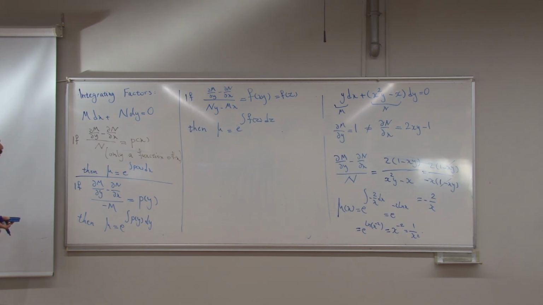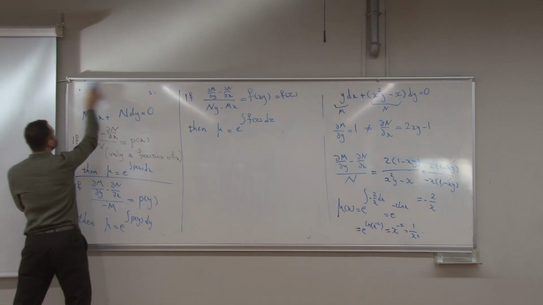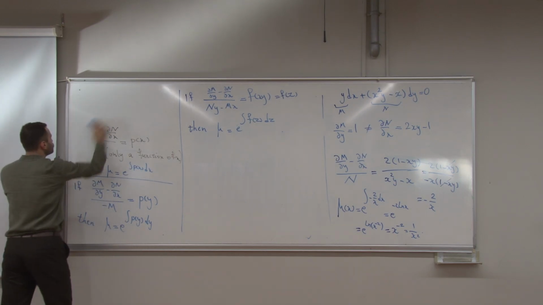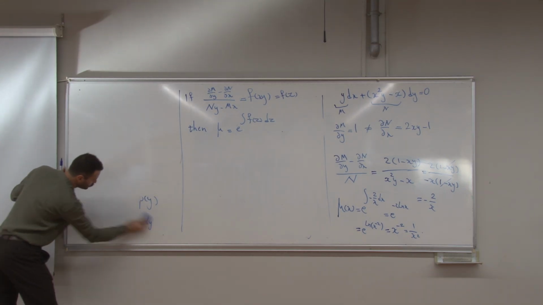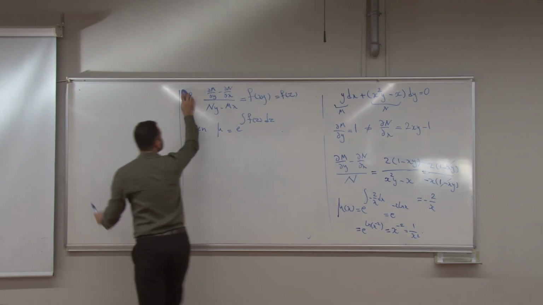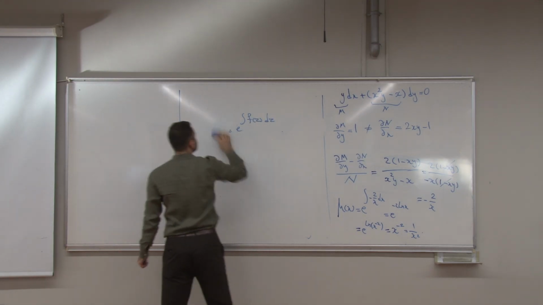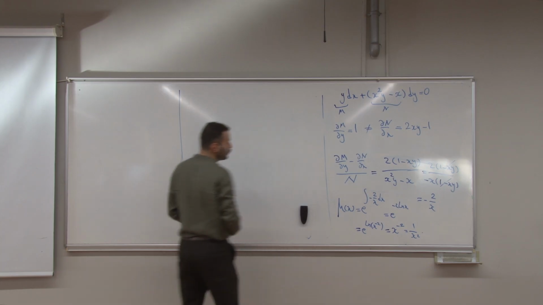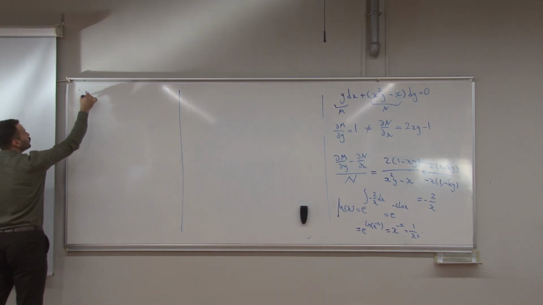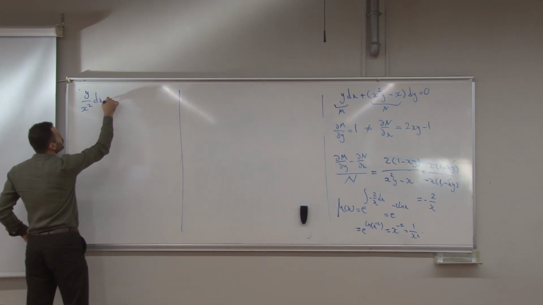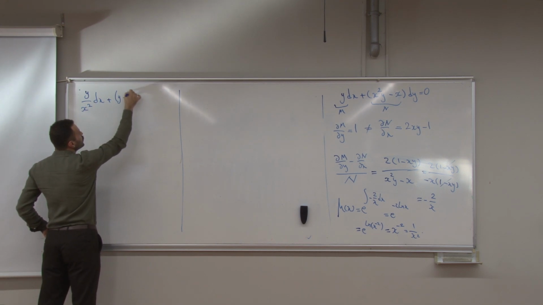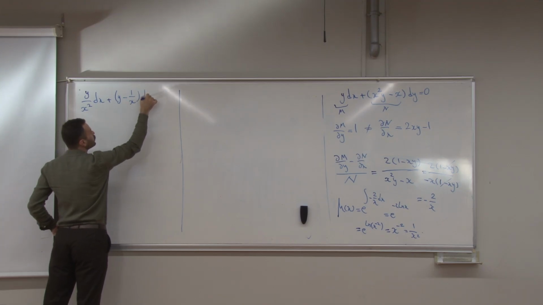I need some more space, so I'm just going to erase all of these. y divided by x dx plus y minus 1 over x dy.